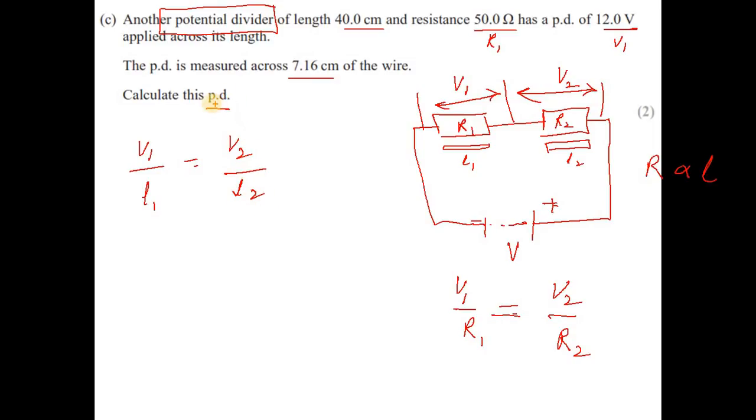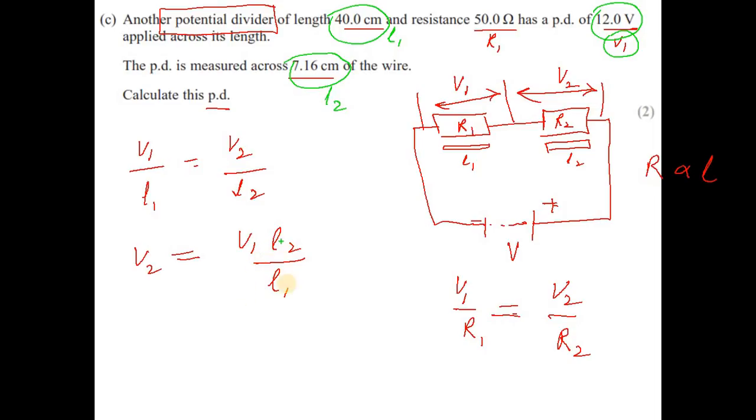Because you need to figure out the second potential difference, that means V2, you can rearrange: V2 is equal to V1 L2 divided by L1. So this is your L1 first length, L2, and this is your V1.